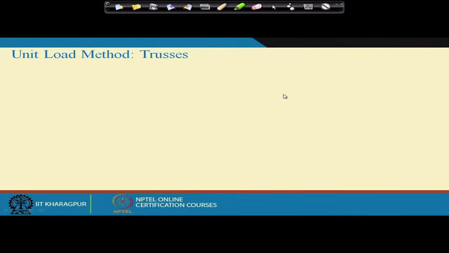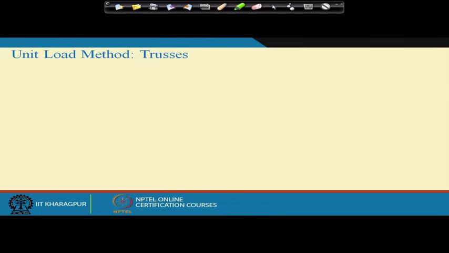We will demonstrate the unit load method through trusses today, and then solve some examples of trusses finding displacement through the unit load method, and after that we will see how this method can be used for plane beams and plane frames.